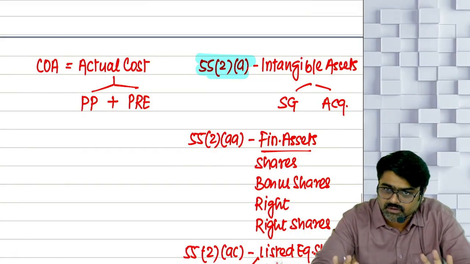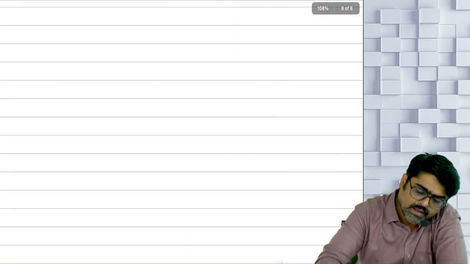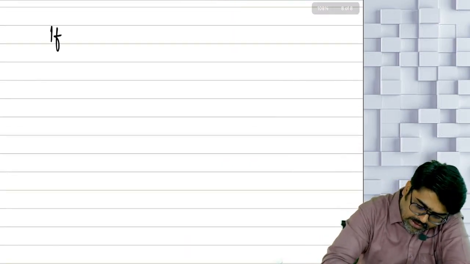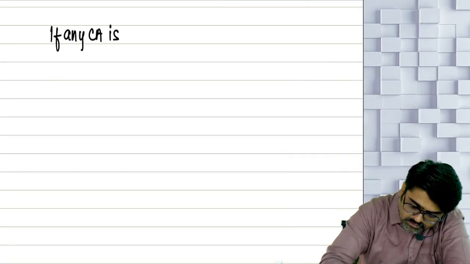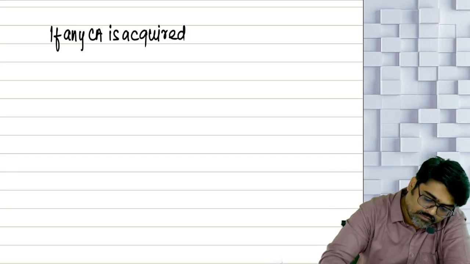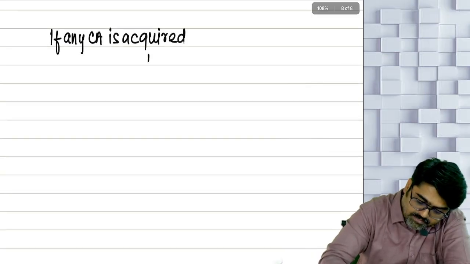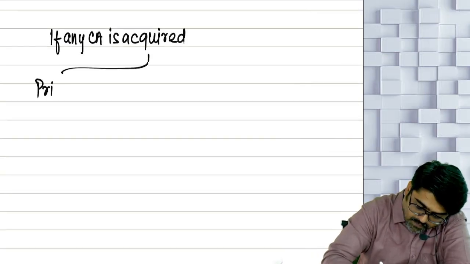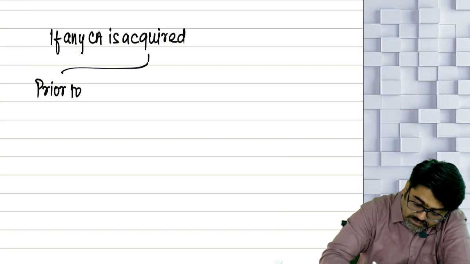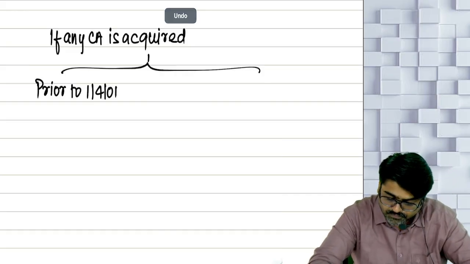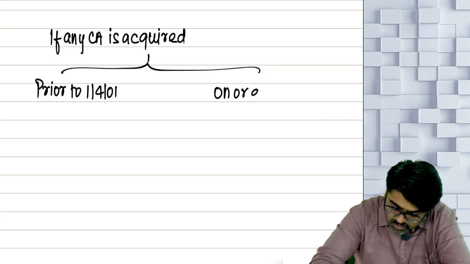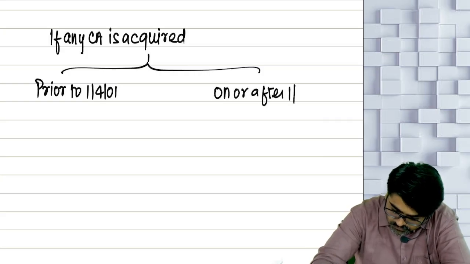Will you remember this? So tell me, first of all, if any capital asset is acquired, it can be acquired prior to 1st April 2001, and it can be acquired on or after 1st April 2001.